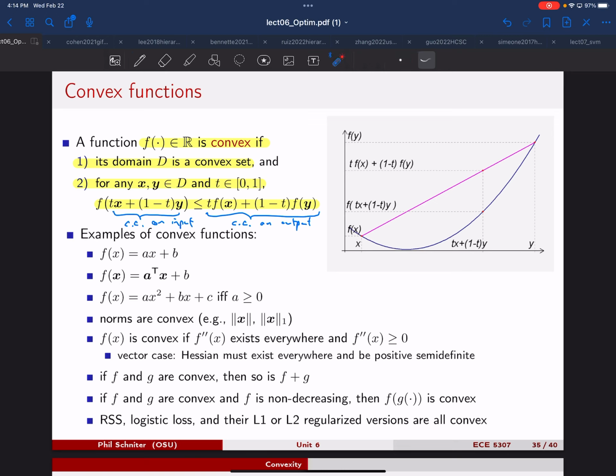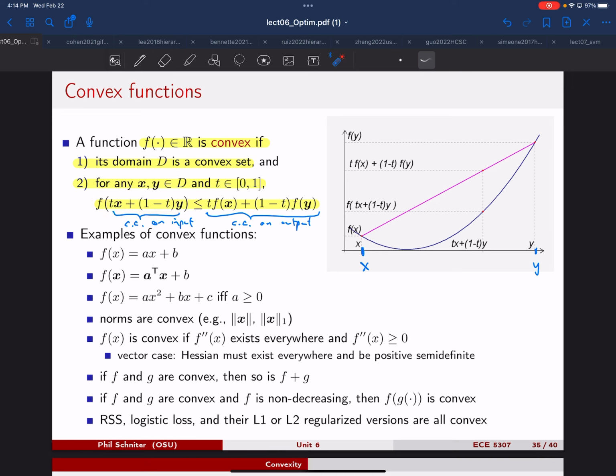So this picture here illustrates it. On the horizontal axis, we have a point x and a point y, and that means that a convex combination of x and y is any point on this line segment. Now if I evaluate the function at that point, we would get some of these values.